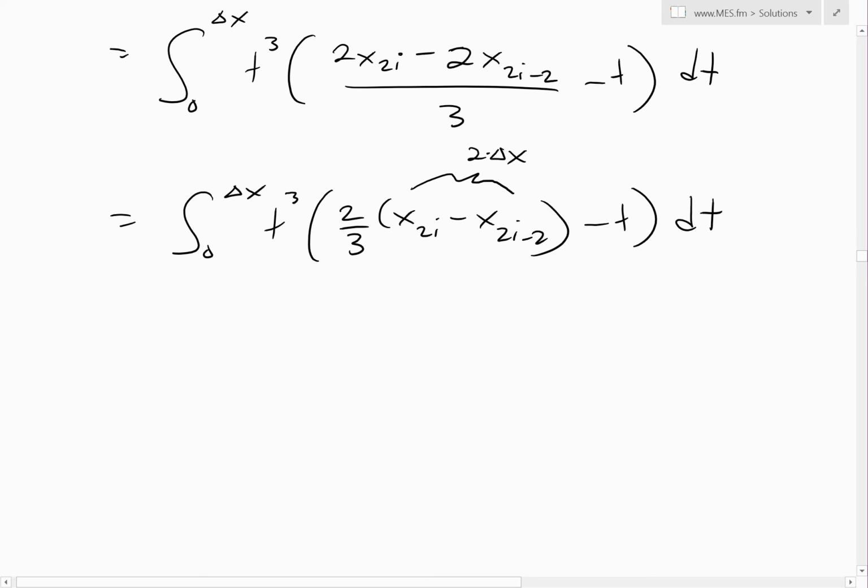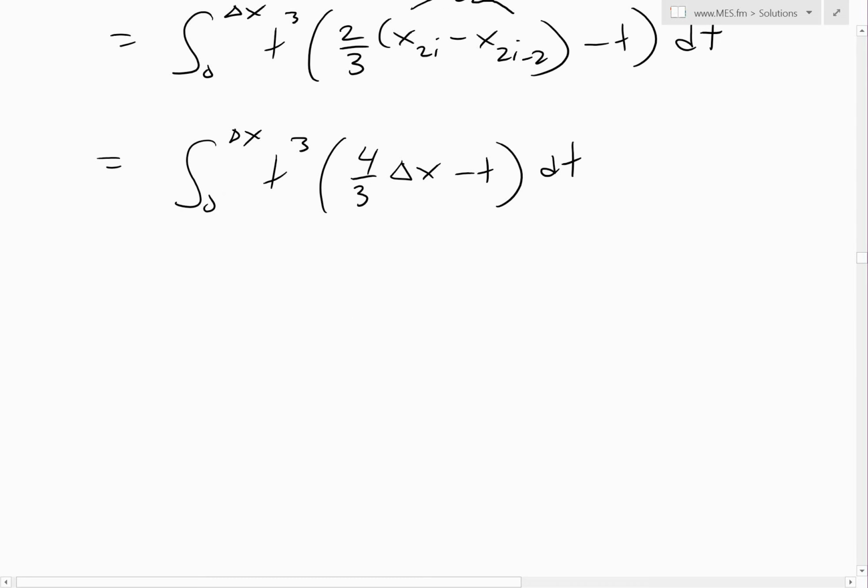And then this equals 2. Take that out, integral from 0 to delta x of t^3. It's going to be now 4 over 3 delta x minus t dt. So now we could just expand this out. Integral from 0 to delta x.